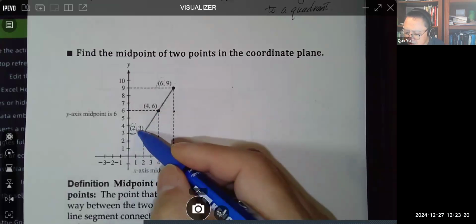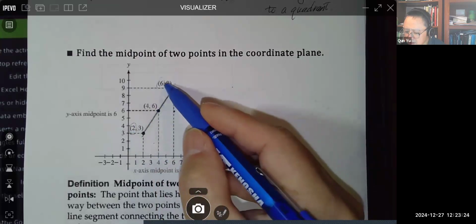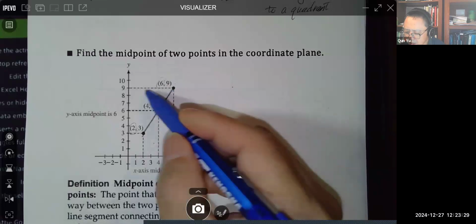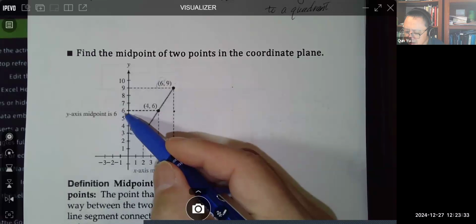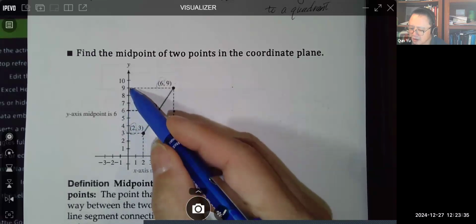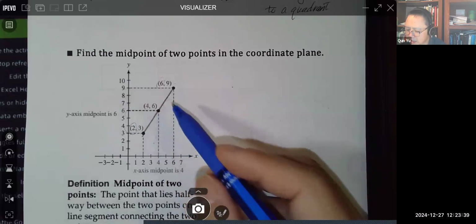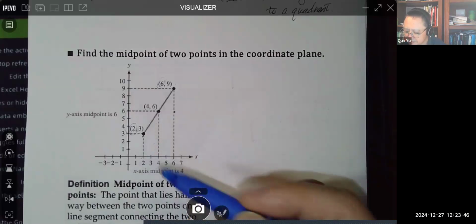The vertical coordinate for the first point is 3. The vertical coordinate of the second point is 9. What is in the middle between 3 and 9? That's 6. Each side is 3 units, right? So both x and y coordinates are in the middle. That's why this point is in the middle. So it's very easy to see.